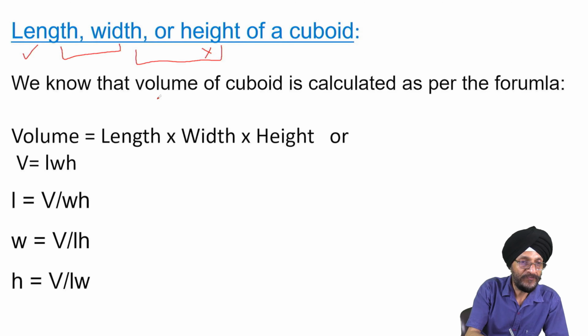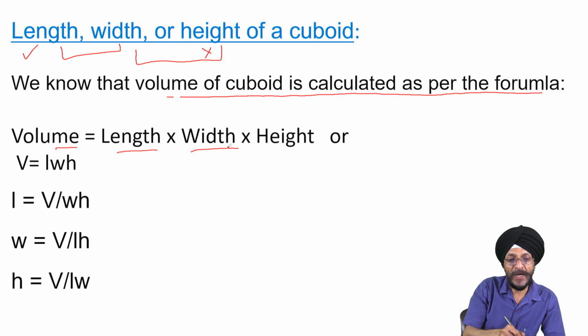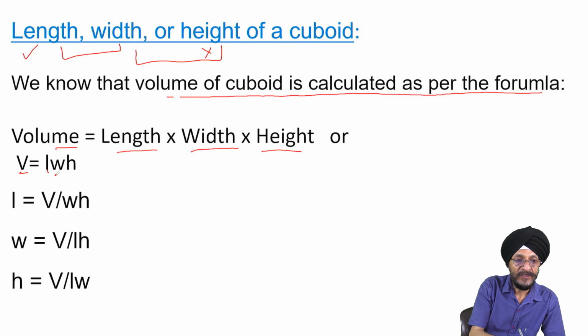This is the topic. We know that the volume of a cuboid is calculated by the formula: volume is equal to length multiplied by width multiplied by height, or we can also write it as V = l × w × h.